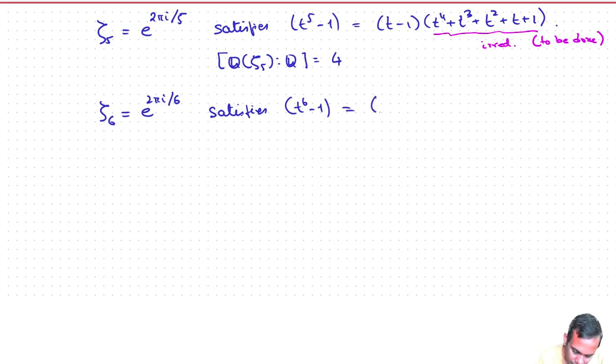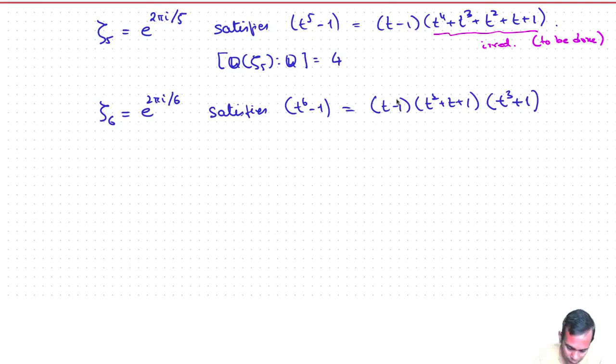It's (t cubed minus 1) into (t cubed plus 1), but t cubed minus 1 is (t minus 1) into (t squared plus t plus 1). So these two give t cubed minus 1, and this is t cubed plus 1. T cubed minus 1 into t cubed plus 1 is t to the 6 minus 1.